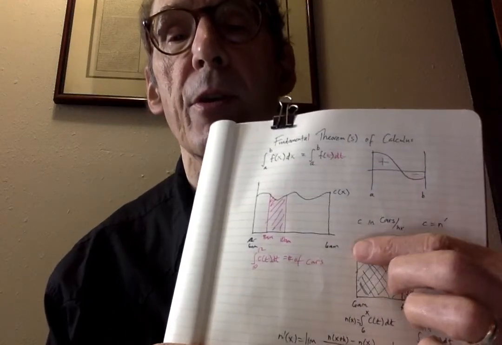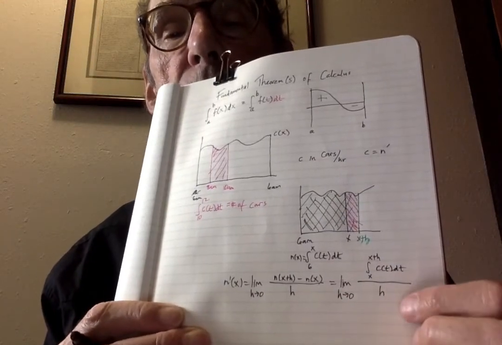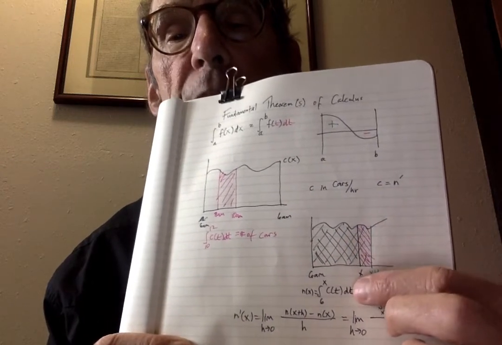Remember, this curve is c, and this little strip goes from x to x plus h. We would like to estimate that integral. It's already been subdivided. h is already small, so we're going to use a subdivision with one thing.